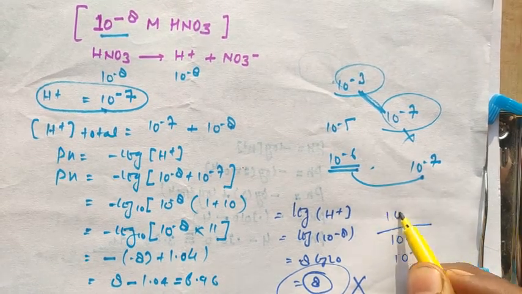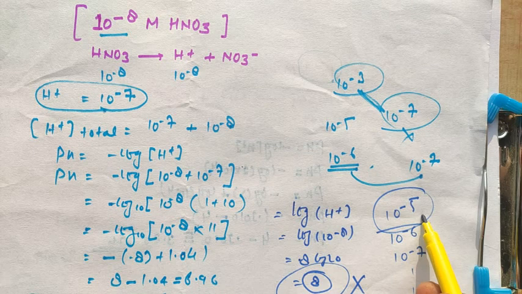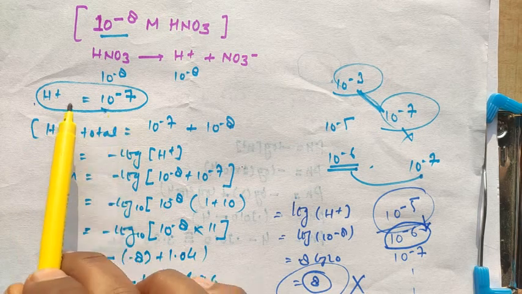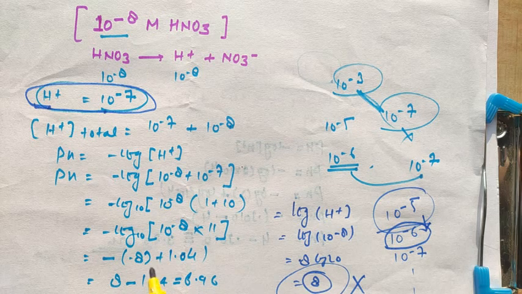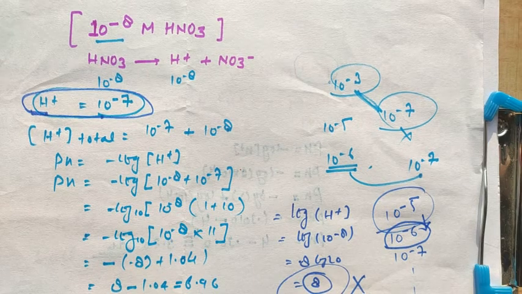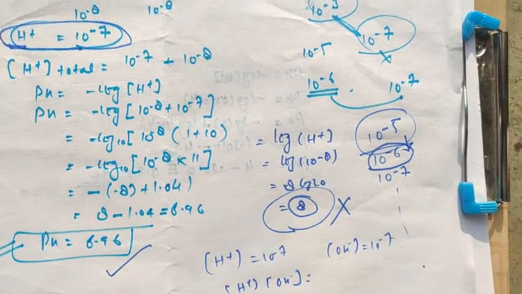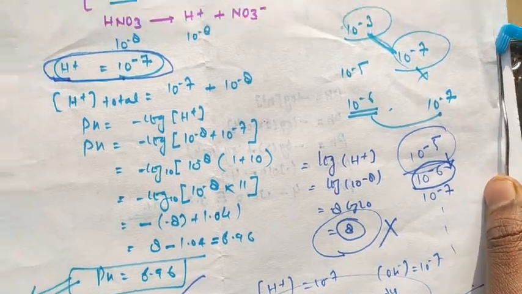But more than 10 to the power minus 5, in this case no need to consider H plus from water. But when the concentration becomes less than 10 to the power minus 5, like 10 to the power minus 6, you have to consider the H plus coming from water, because water is neutral, and its H plus concentration is 10 to the power minus 7, and OH is also 10 to the power minus 7. So H plus times OH minus, this is Kw, 10 to the minus 14. So you have to keep in mind this only.